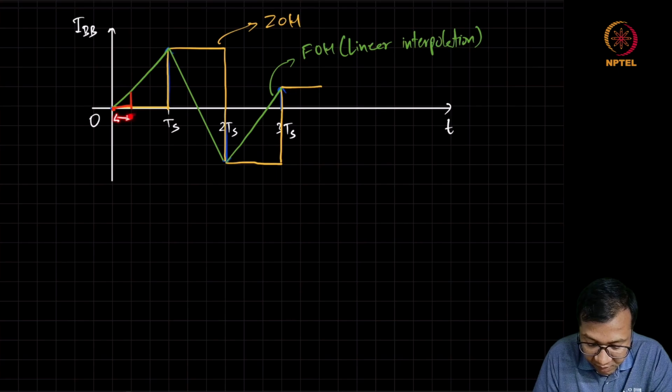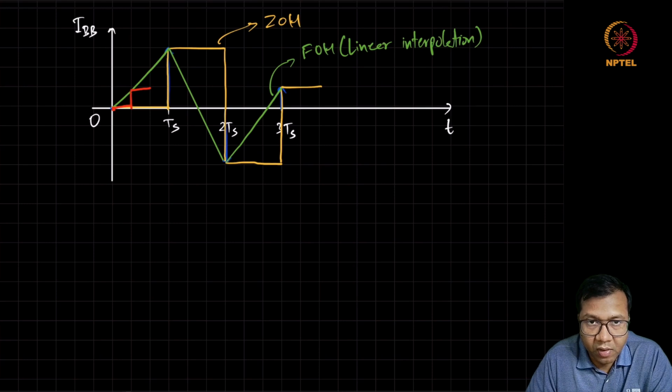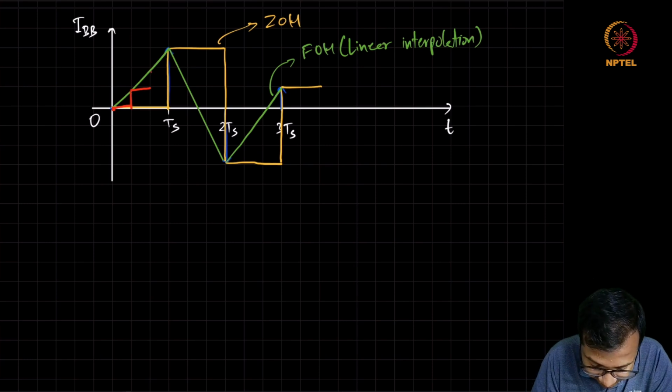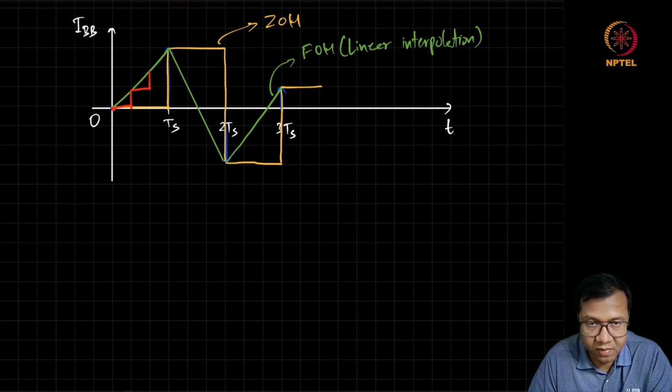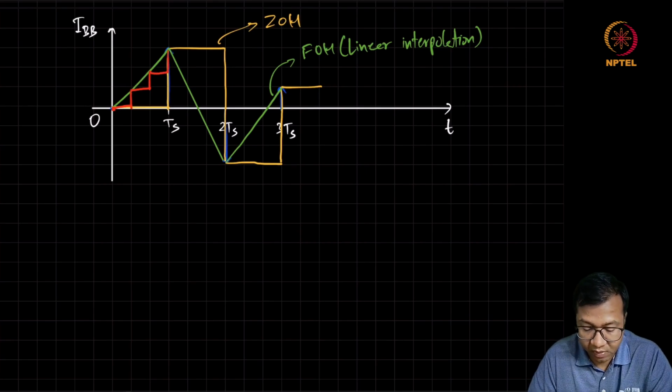So here, for example, we are taking a jump at Ts by 3, and then again we can hold the output, and then at 2 Ts by 3 we can again change the output, and finally at Ts we can reach the final output.